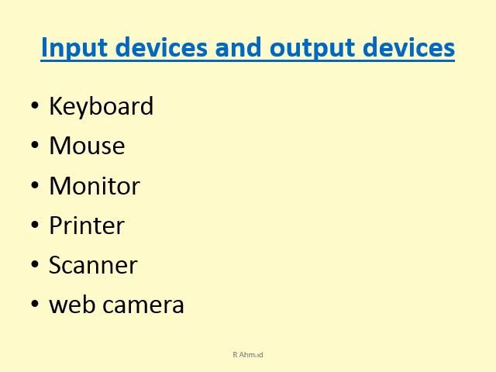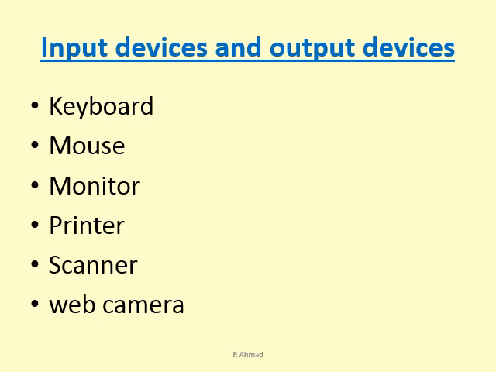Now that is a photocopy. In case you want to have it in a digital format, you can just scan it, the computer is attached to it, and you can see that particular data in the form of a file also. So this is the function of scanner, to convert the data into digital format.